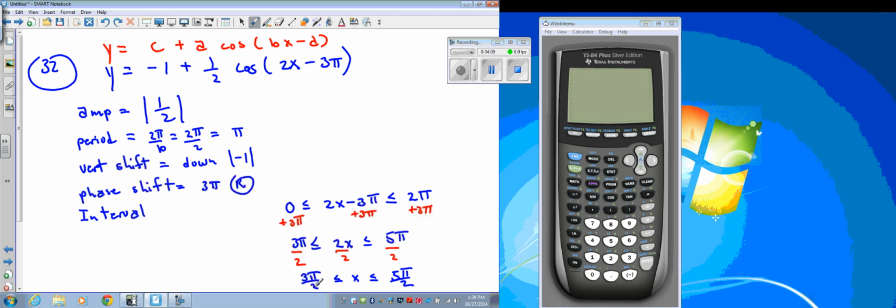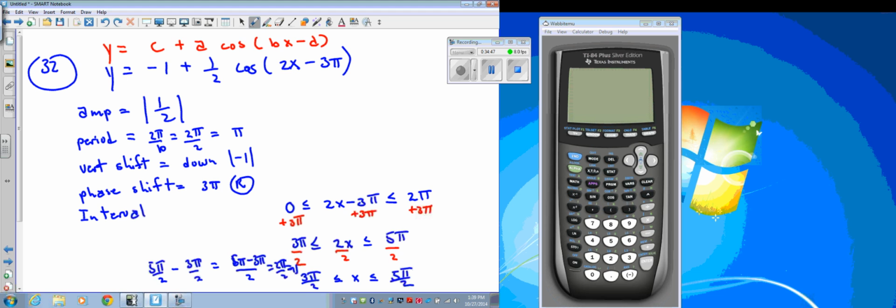Now if we subtract the 3 pi over 2 from 5 pi over 2, how long is it? Okay, it's 2 pi over 2. So if we go 5 pi over 2 and subtract 3 pi over 2, that's 2 pi over 2, which is pi.